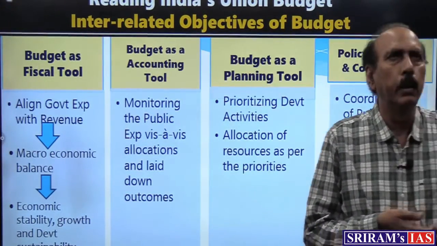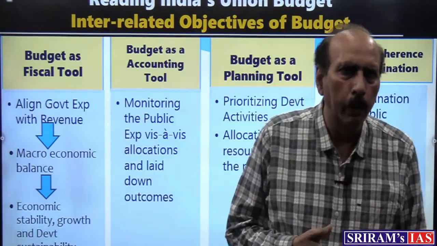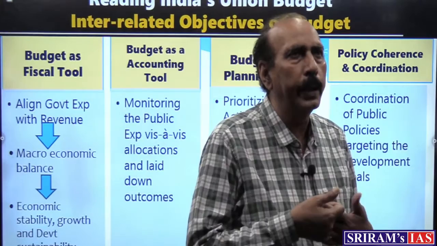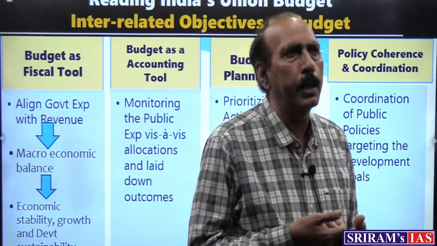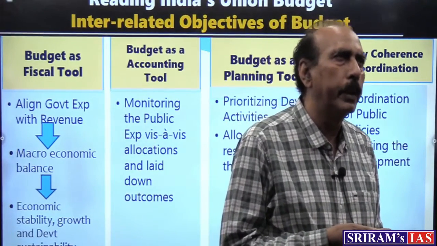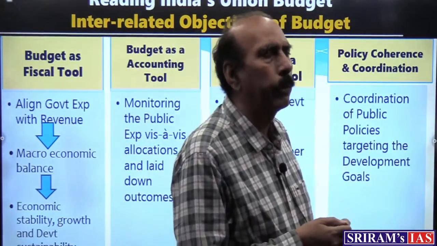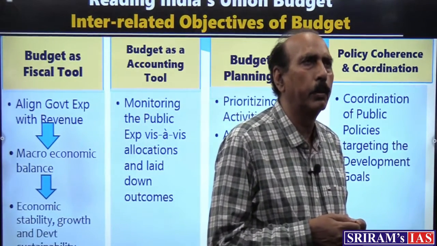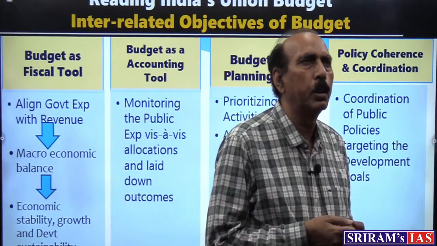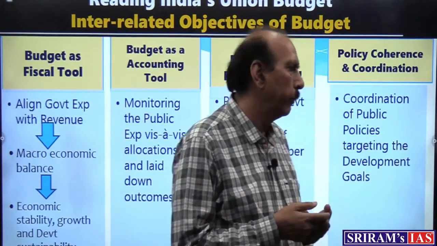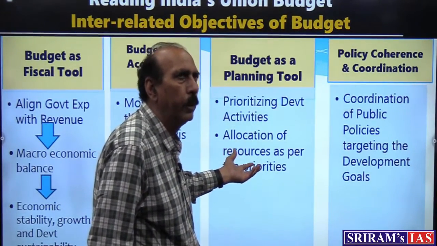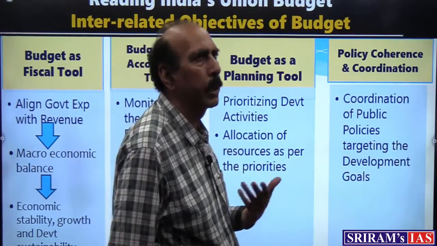It is also a very important planning tool, because as you know, resources are always constrained. We don't have adequate resources, but our requirement is enormous. Therefore, the government has to plan which is our priority area. While making the allocation of funds under various heads or to various sectors, the government priority is reflected, and therefore the budget will reflect the government priority.